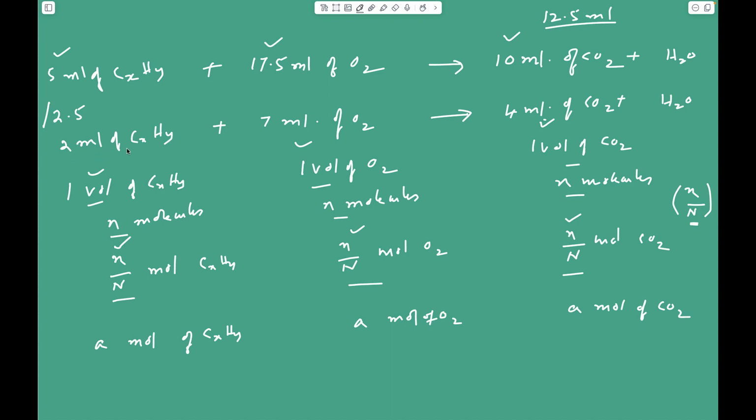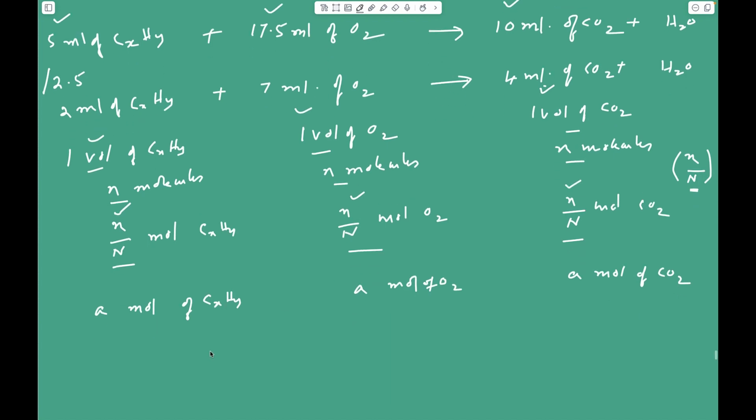In general, 2 volumes of the hydrocarbon. If 1 volume has a moles, then 2 volumes must contain 2 times a moles of this hydrocarbon. 7 ml of oxygen, or in general 7 volumes of oxygen, must contain 7 times a moles of oxygen, and 4 ml, or in general 4 volumes of carbon dioxide, must contain 4 times a moles of CO2.